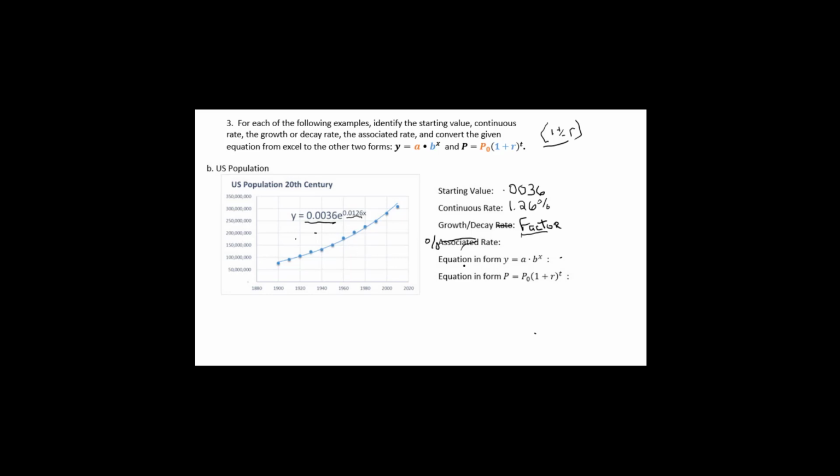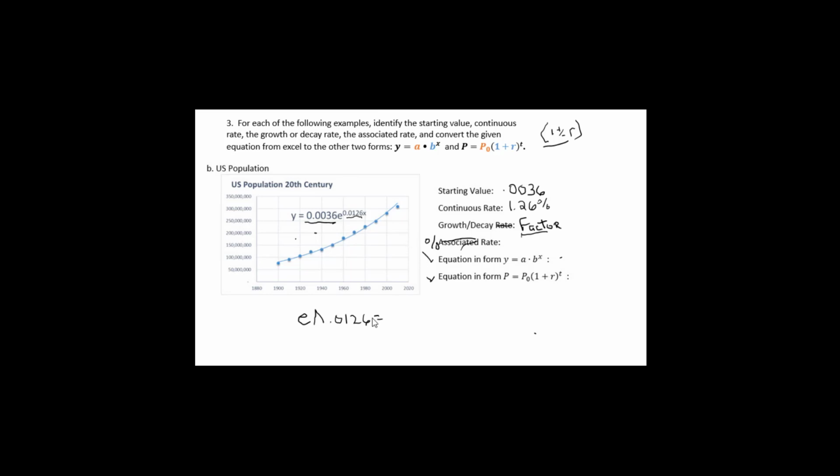Okay, so I already have some stuff for our equations down here. I hope you can see. Now the factor is going to be what is 0.0036 being multiplied by? And it's being multiplied by E raised to the 0.0126. Now you want to try to put that on your calculator.